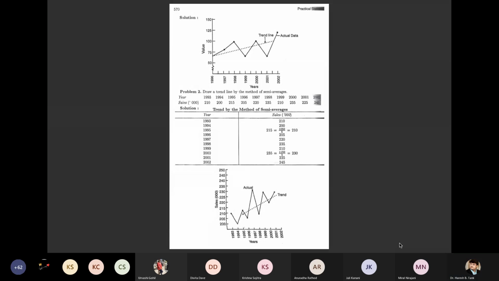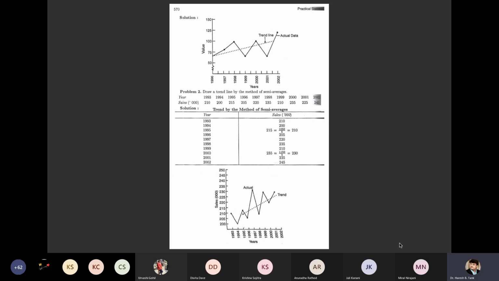Now, in the first group there are 5 years, so take those 5 years and the respective sales, whatever the entity may be, and sum them up. So 210 plus 200 plus 215 plus 205 and 220.